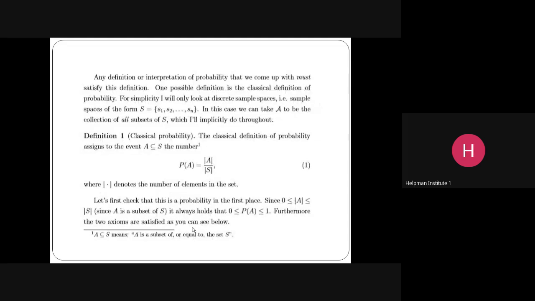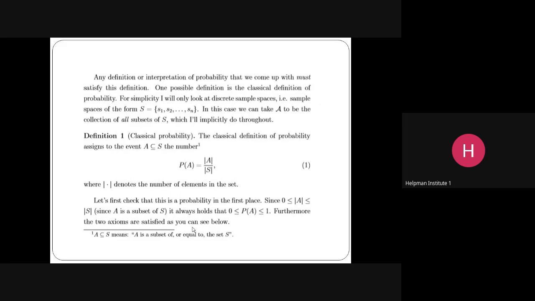So we say any definition or interpretation of probability that we come up with must satisfy the definition above. One possible definition is the classical definition of probability. For simplicity, we will look at discrete sample spaces, that is, sample spaces of the form S equals {S1, S2, to Sn}.